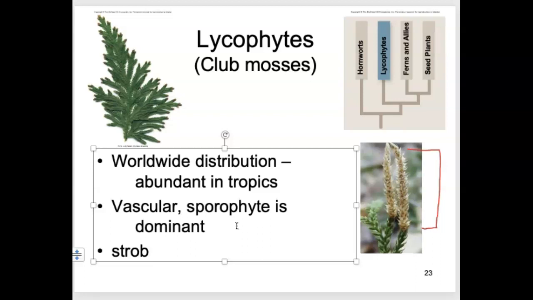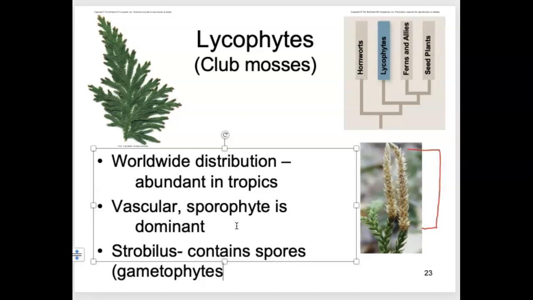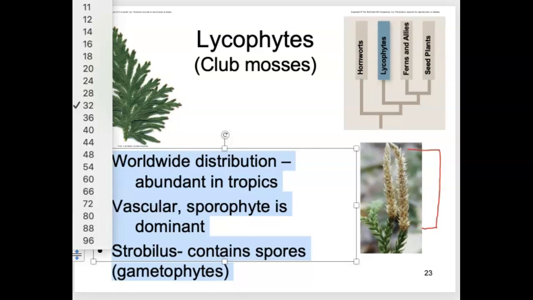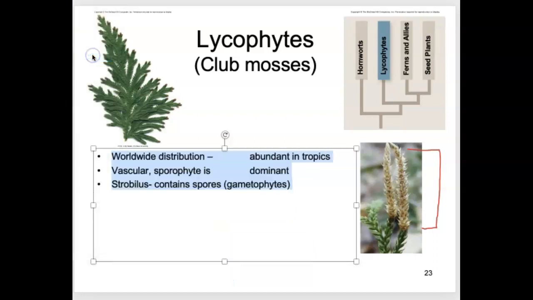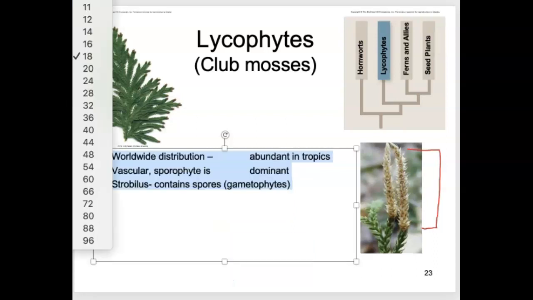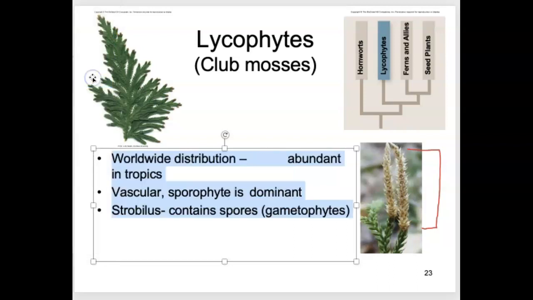Make sure I spell this right. The strobilus is a structure that contains the spores. It's not going to be present very often, only during the reproductive window of that particular plant's life cycle.